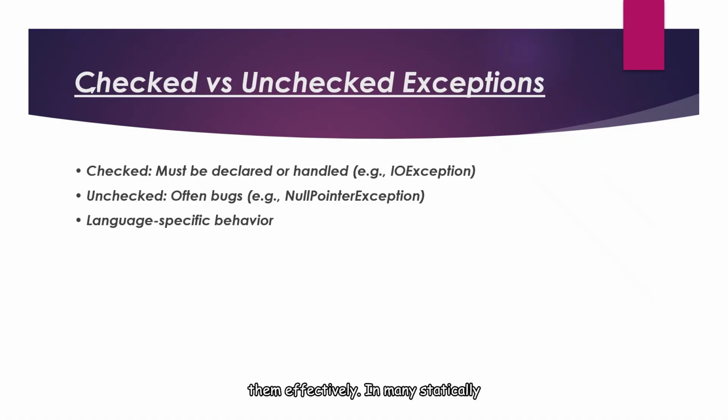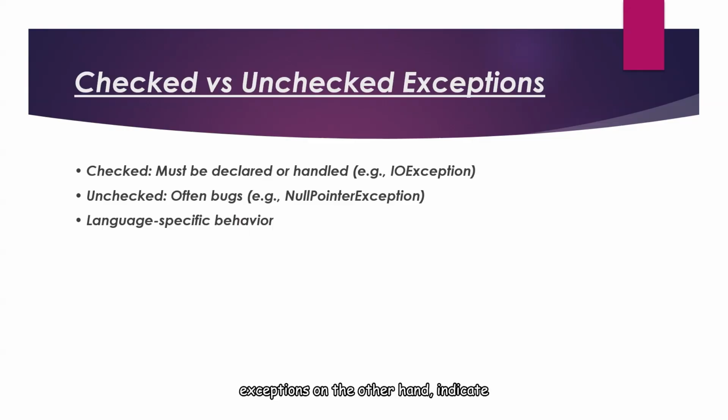In many statically typed languages like Java, exceptions are categorized as either checked or unchecked. Checked exceptions must be explicitly declared and handled. These represent recoverable situations like a missing file or a failed database connection. You can anticipate them and design fallback behavior.